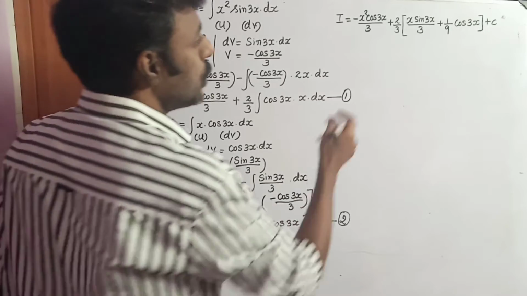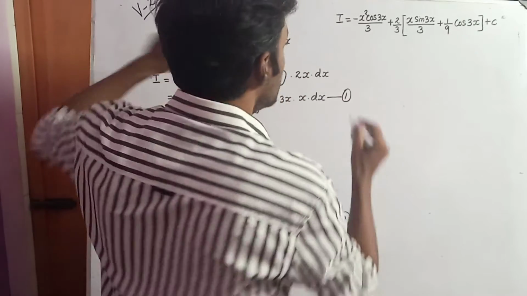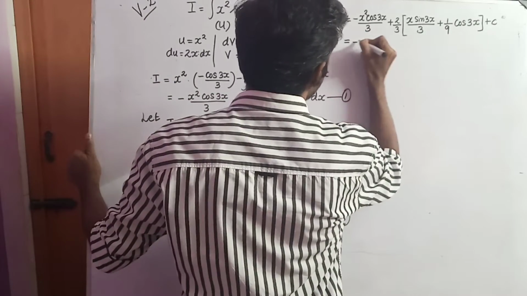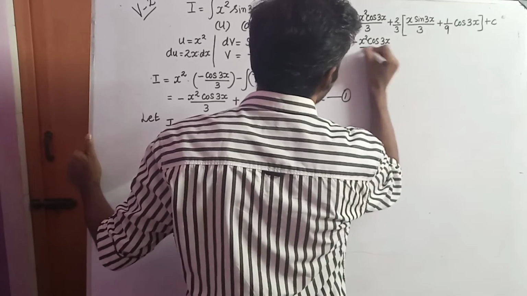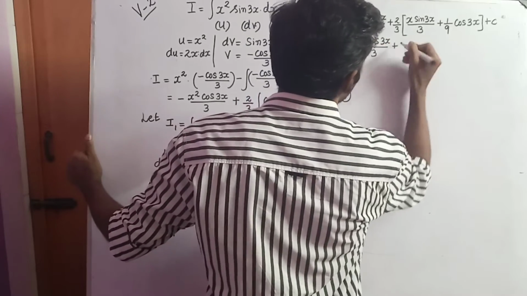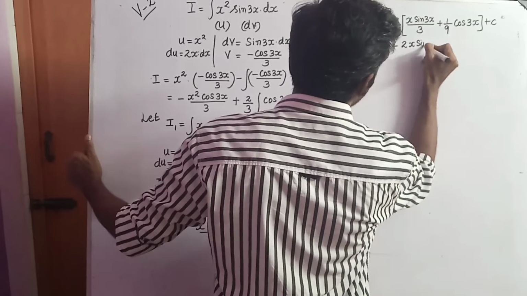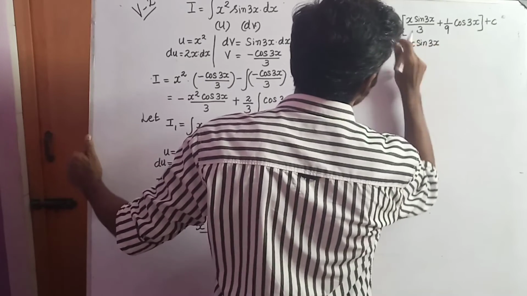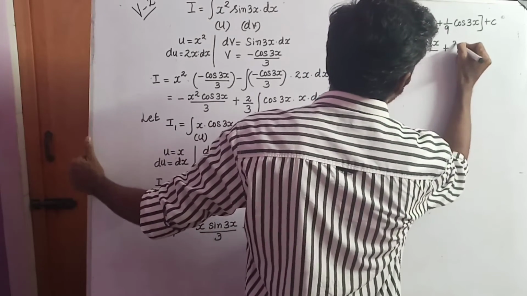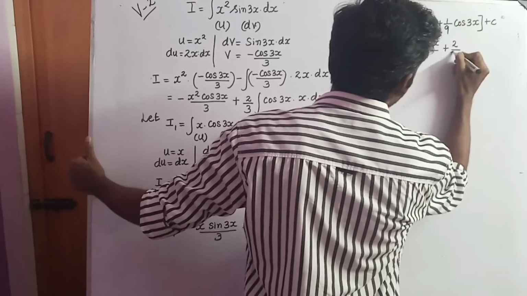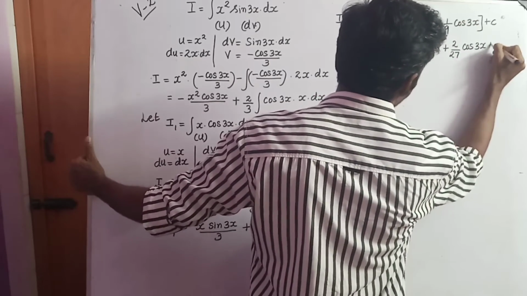So now I am going to multiply 2 by 3 with the term that is present inside the bracket. So this will be equal to minus x squared into cos 3x divided by 3 plus 2x sine 3x divided by 3 times 3, which is 9, plus 2 by 3 times 9, which is 27, cos of 3x plus c.